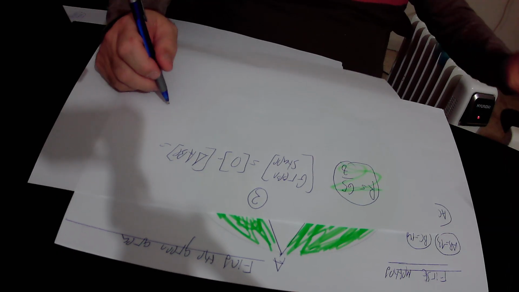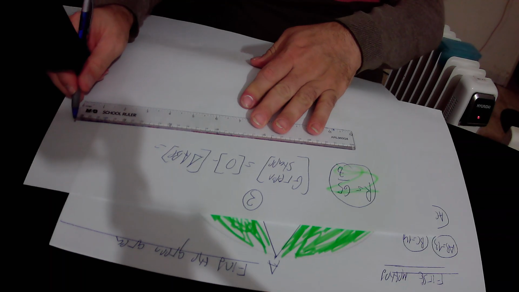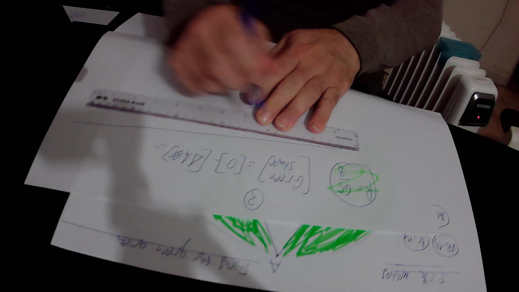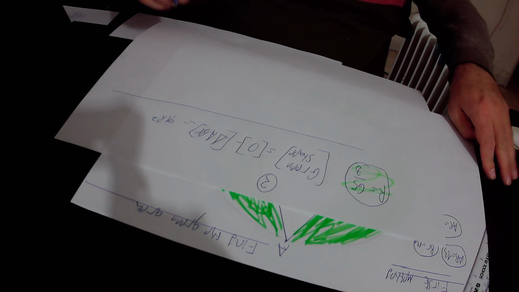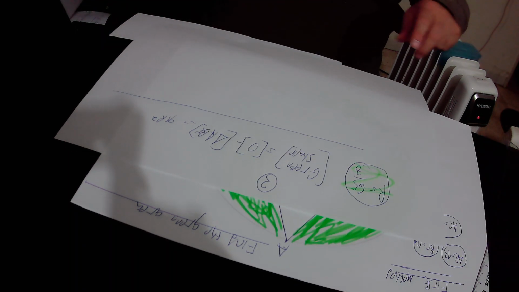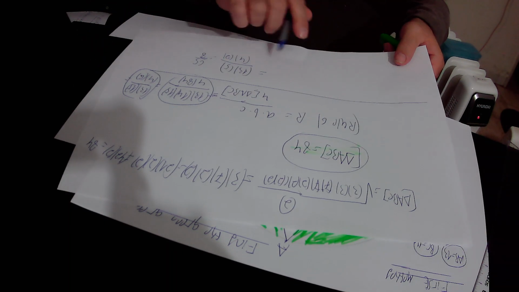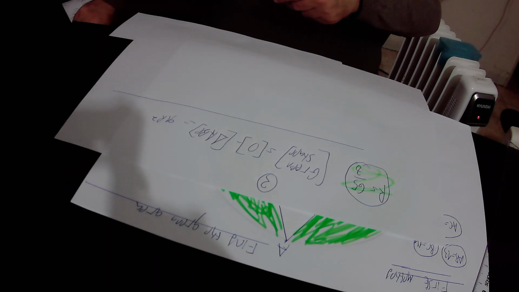The area of the circle equals pi r squared. We already found out that the area of our triangle ABC is equal to 84 square units. So it is minus 84.